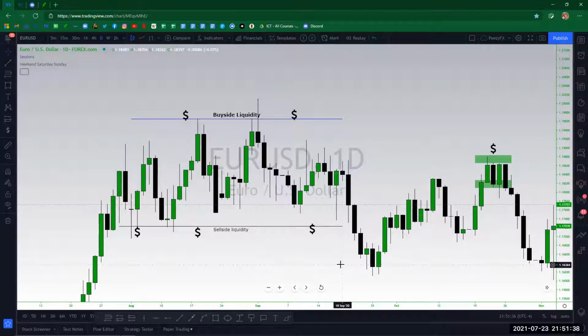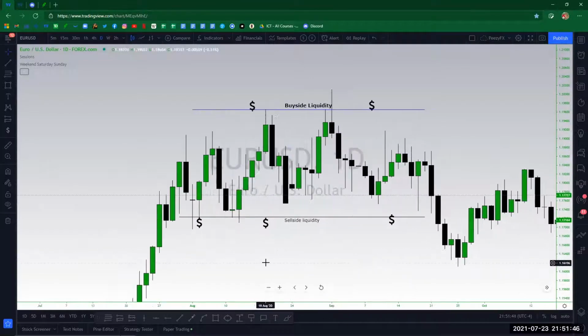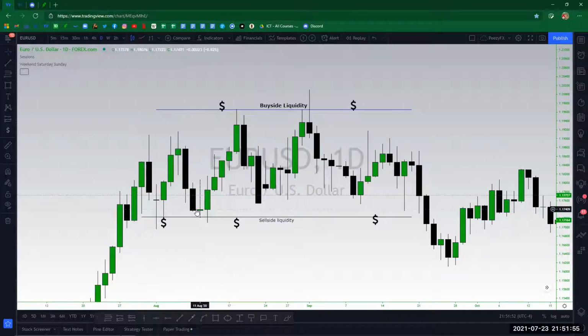So I'm going to show you an example where you have a double top here. You have double tops, and then the market comes down and jams price up.